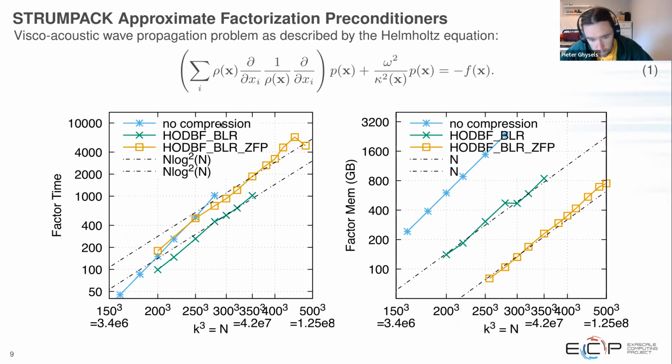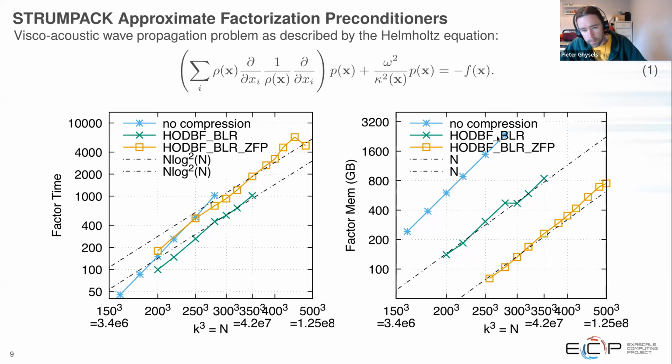So you have the exact L and U factors of the input matrix. This would scale as n squared, where n is the total number of mesh points, so k cubed. So that would become infeasible for these large problem sizes, especially when you look at the memory requirements. The memory here scales as n to the power 1.5, I think.